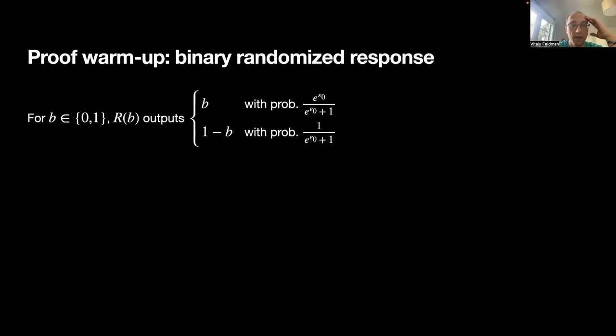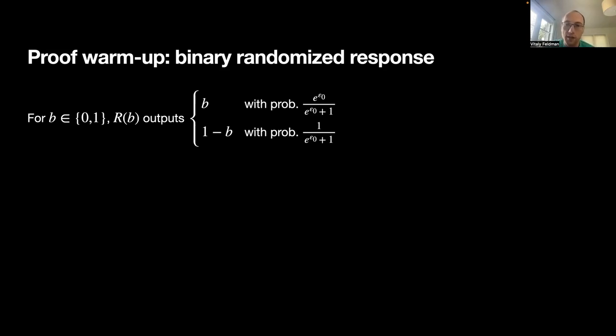So first of all, what is the binary randomized response? It's a randomizer which gets as an input a binary value, a Boolean value, 0 or 1, and it outputs the value that it has received with probability e to the epsilon 0 over e to the epsilon 0 plus 1, and the negation of that value with probability 1 over e to the epsilon 0 plus 1.